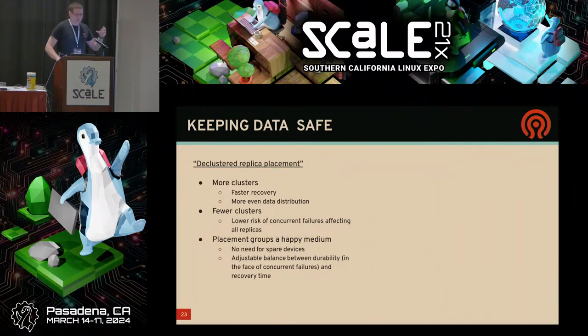And there's sort of this keyword here because you can decide how many placement groups you want in a cluster within a range, and the more placement groups you have, the more peers every single daemon has. If you have 20 placement groups and 3 copies, then every OSD is peering with, what would that be? 40 other OSDs.